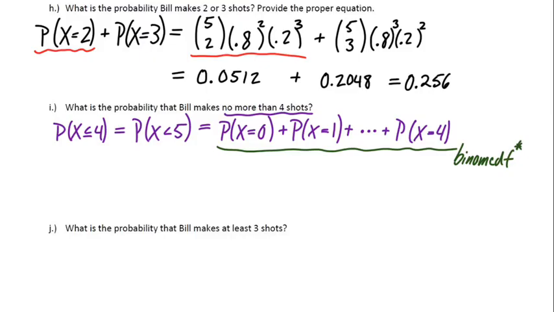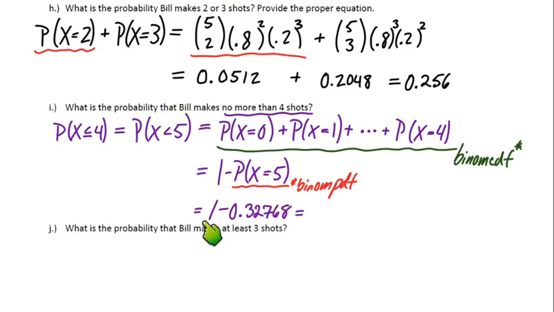Or we might go the other way and say, well, if there's only one case not included in this, we might just say, well, that's just the same as 1 minus the 5 case. So if we do 1 minus just that individual probability X equals 5, that would be Binomial Pdf. So that route would be 1 minus 0.32768 if we use Binomial Pdf, which gives us 0.67232.